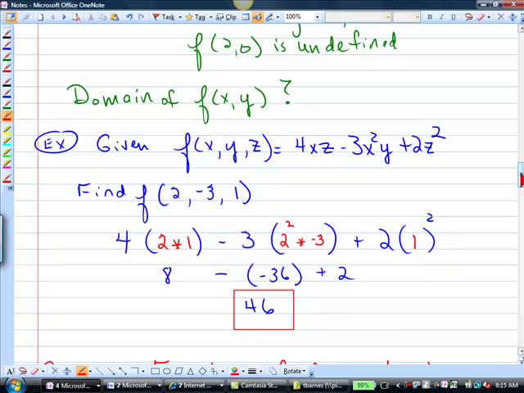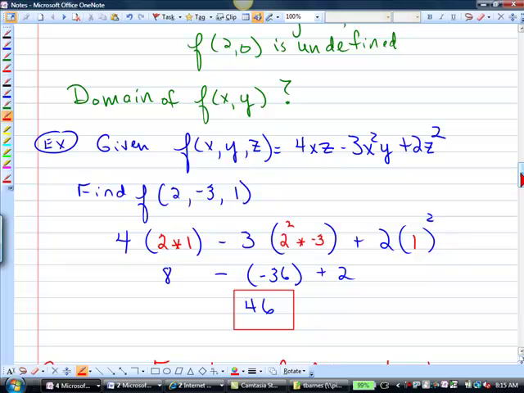So just make sure you could do that either by hand or by calculator, because you just need to get those values. Okay. Questions on that? We're just plugging in.